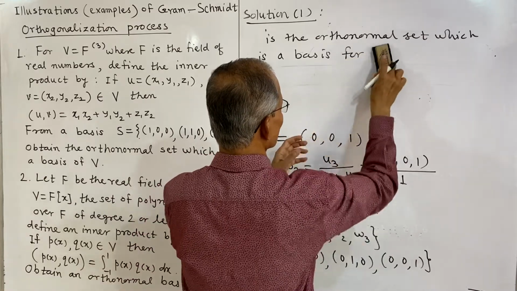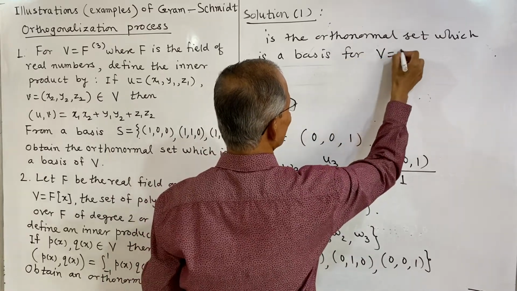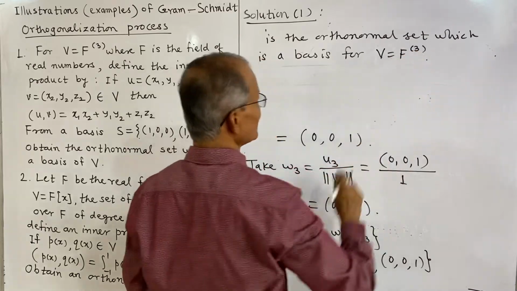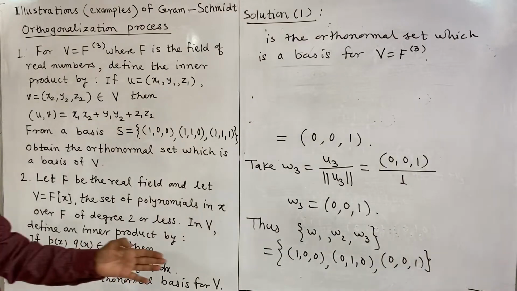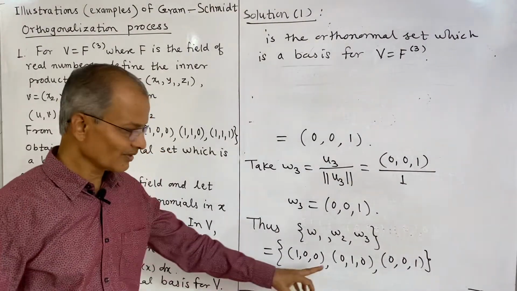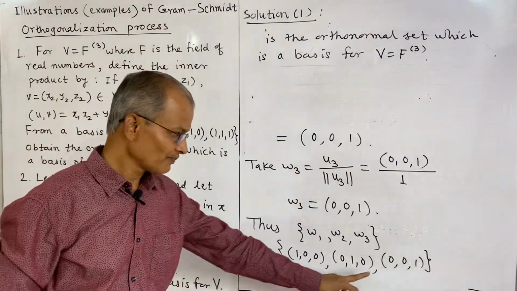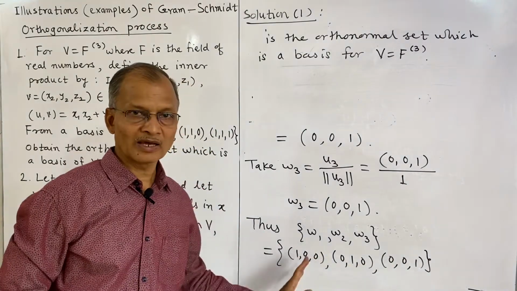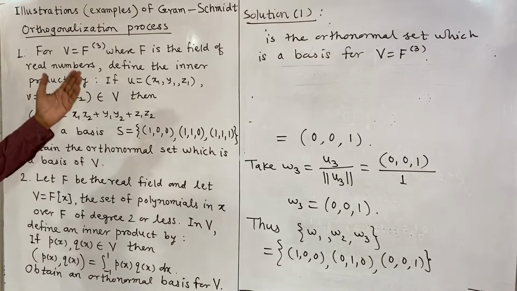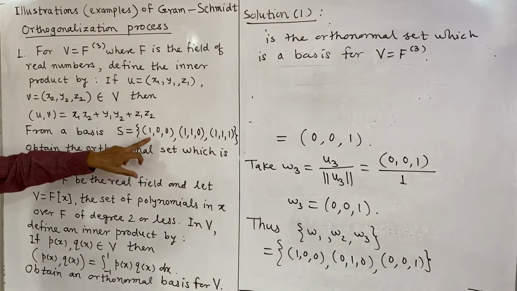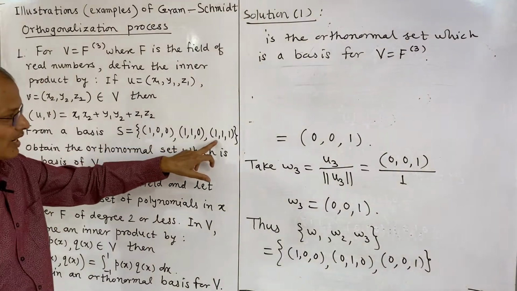V is equal to F3, the three-dimensional Euclidean vector space. And this we know is a standard basis, where the vectors are each of length 1 and mutually orthogonal, pairwise orthogonal. Thus we were given the basis (1, 0, 0), (1, 1, 0) and (1, 1, 1).